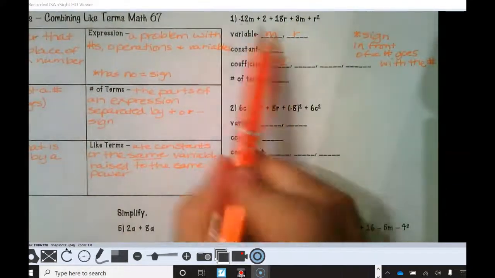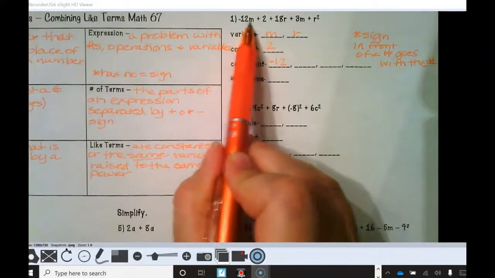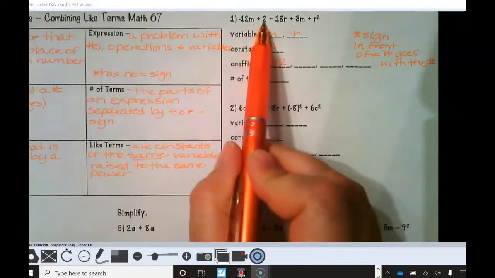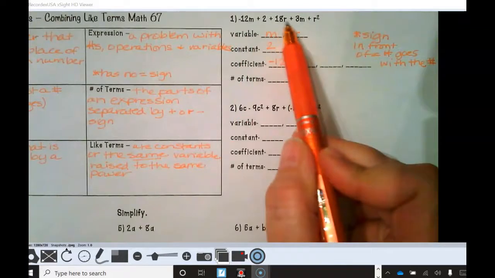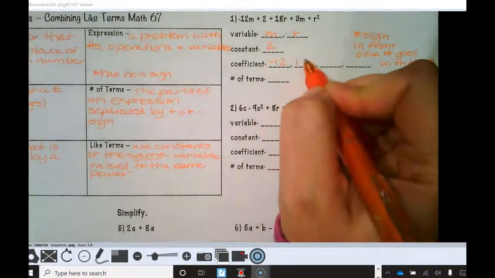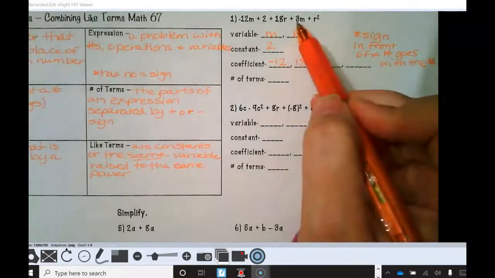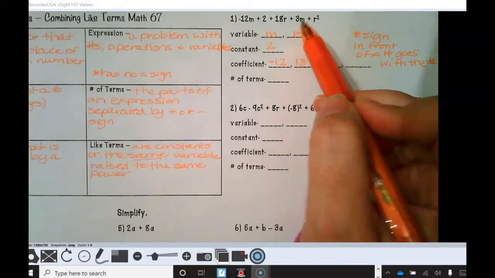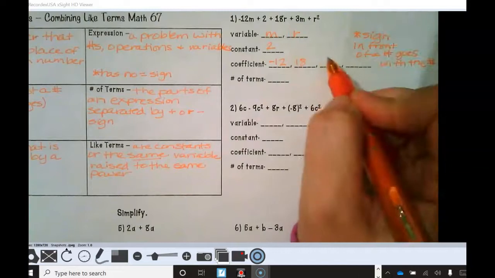Okay, so this is the first coefficient because that's multiplying -12 times m. That's not a coefficient. We're multiplying 18 times r. Look at your sign. It's a positive 18. We're multiplying 3 by m, and it's a positive 3.